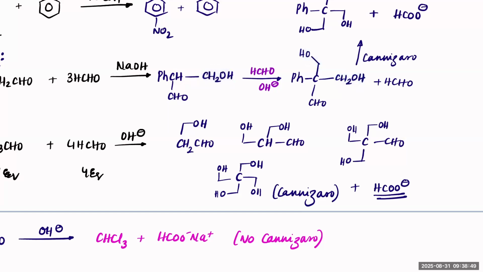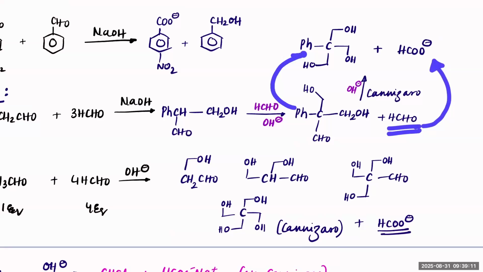But what happened here is now this carbon doesn't have any alpha hydrogen, but you still have further aldehyde present. Now this time there is no other alternative but to go for Cannizzaro. So in the presence of OH minus, now Cannizzaro will happen. In Cannizzaro, you know that this is more reactive. The more reactive aldehyde will become acid, the less reactive will always become alcohol.